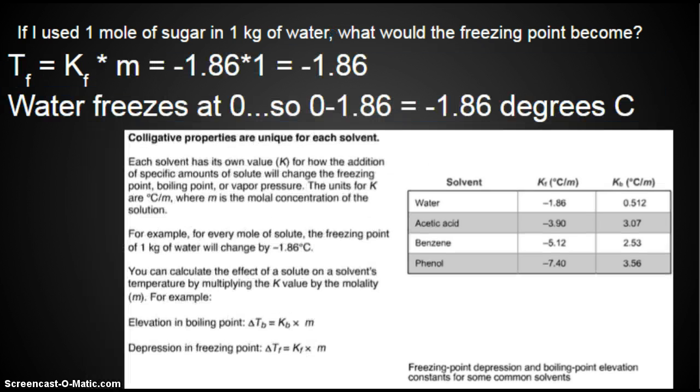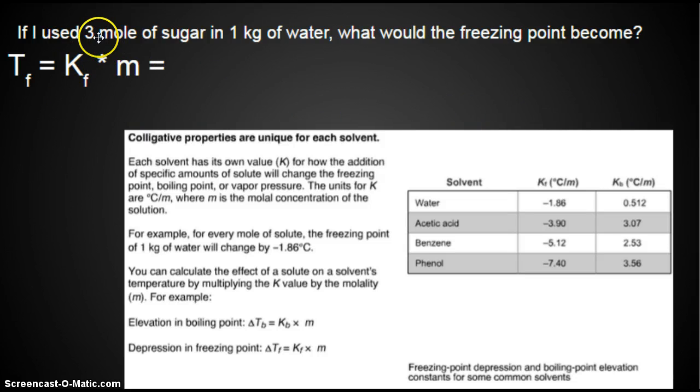And how many molal do we have? 1. So we get negative 1.86. Water freezes at 0 degrees Celsius. So 0 minus 1.86 equals negative 1.86 degrees Celsius would be the temperature that the water would freeze at. Okay, what about if I had 3 moles? So hit pause, get your answer.